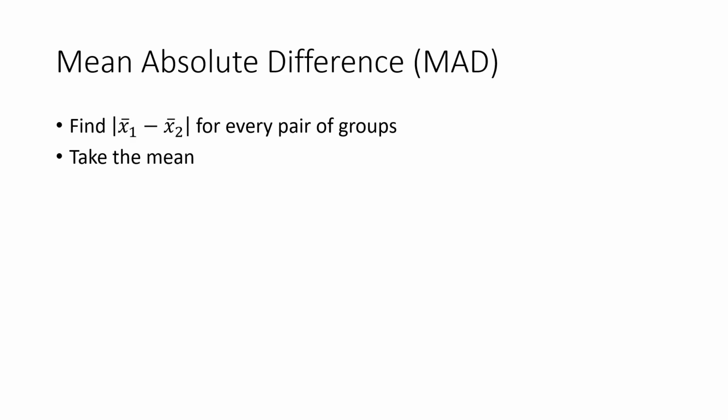And then we'll take the mean of those differences across all the pairs of groups. So if the groups are very similar in their means, we will get a MAD statistic close to 0. And if they're very different in their means, we'll get a MAD statistic that's a large positive number.